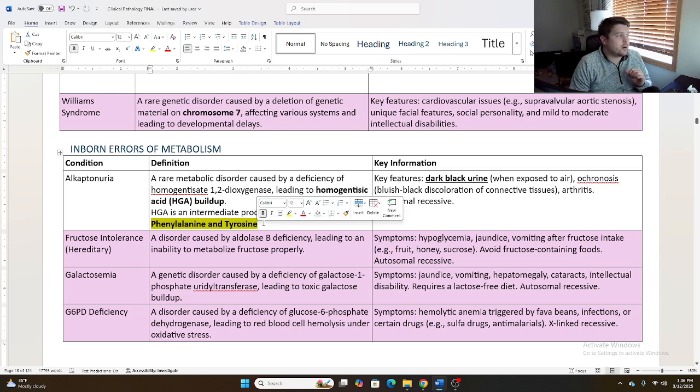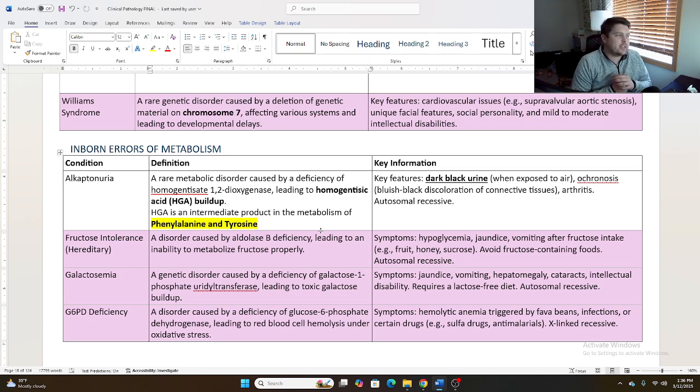We remember with phenylalanine and tyrosine, this is where we get a bunch of our catecholamines: epinephrine, norepinephrine, dopamine goes into L-DOPA, all of that stuff. So it's super, super important that we're able to break this stuff down. So if we're unable to, that is definitely a big problem.